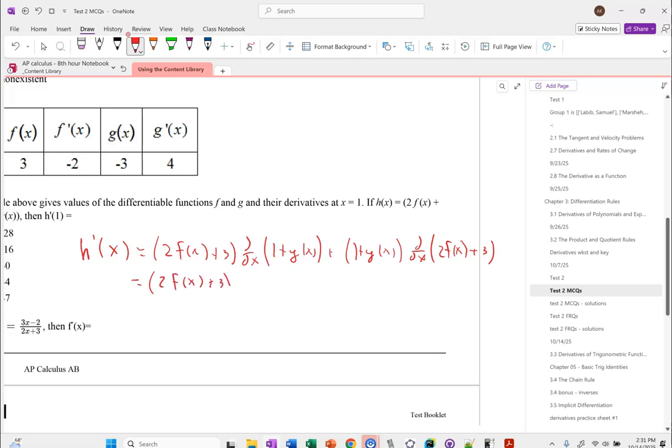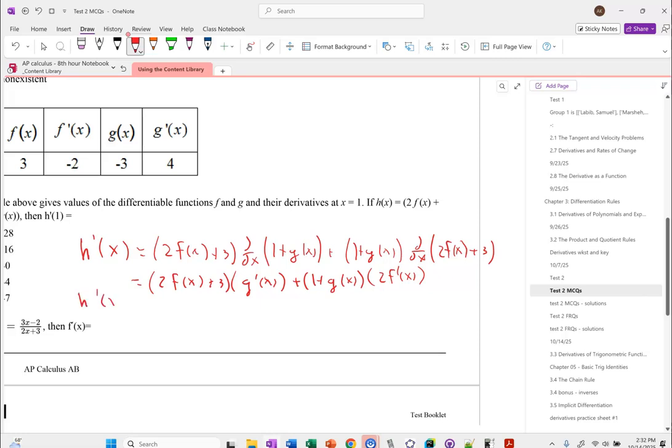What's the derivative of 1 plus g of x? Just g prime of x. What's the derivative of 2 f of x plus 3? Just 2f prime of x, right?